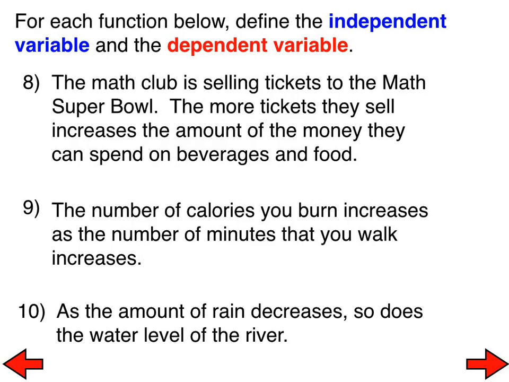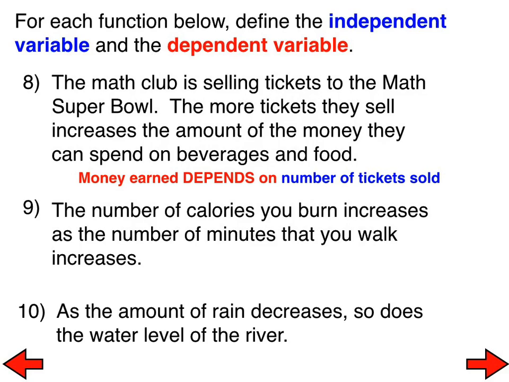The dependent variable is the amount of food and beverages you can buy. Well, in order to do that, you have to get money. So are you talking about the amount of money that comes in? Okay. Yeah, the amount of money earned depends on the number of tickets sold. So money earned, dependent variable. Number of tickets sold, independent variable.